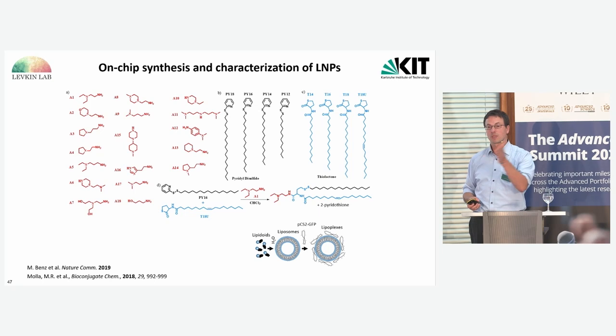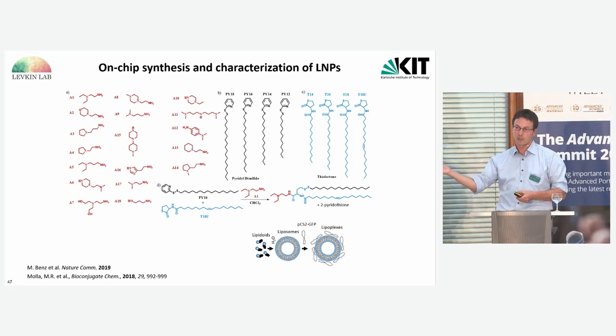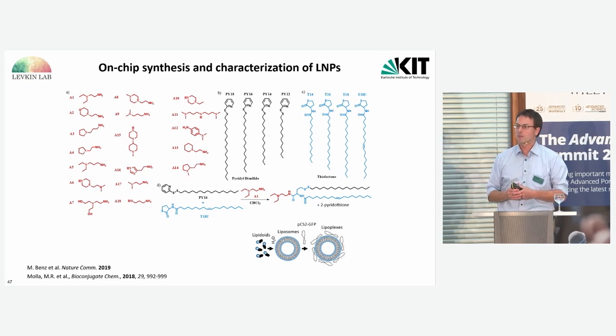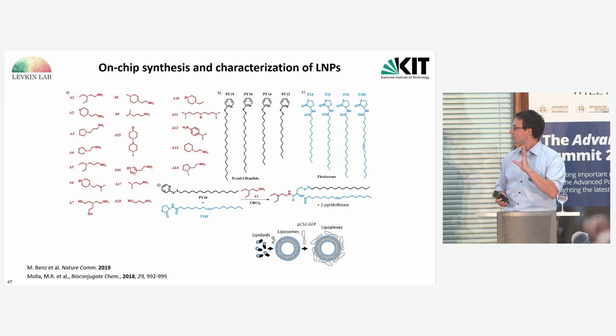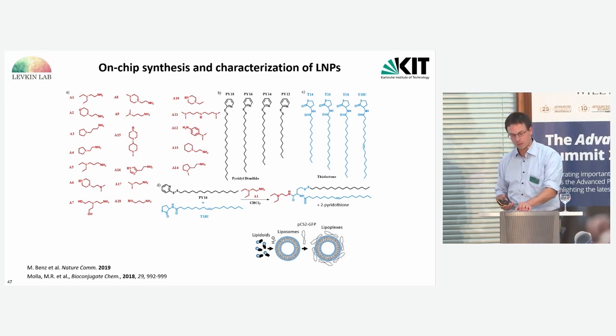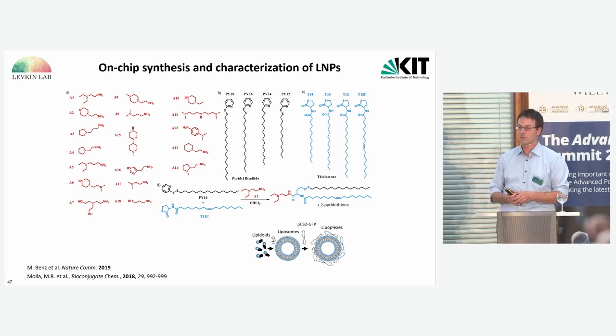And cationic lipids are important because they are the main component of vaccines, for example, mRNA-based vaccines, corona vaccines, or cancer vaccines that have been developed by pharma companies. And the right structure, performance, toxicity, and activity of these cationic lipids is essential for the next generation vaccines.